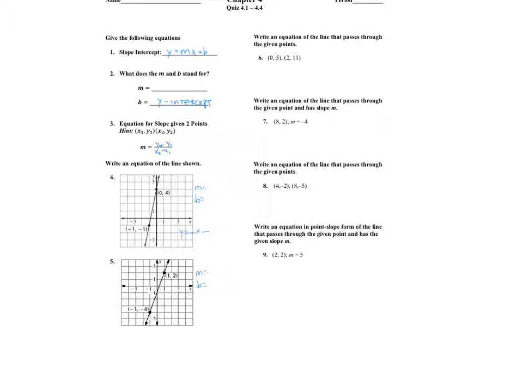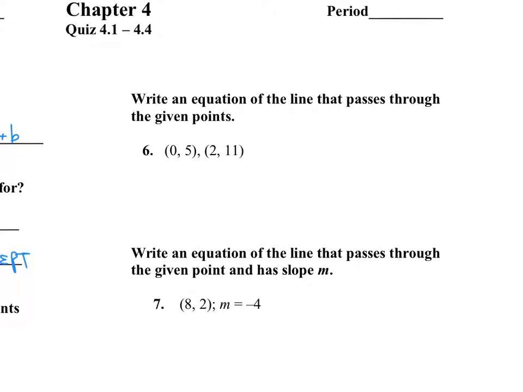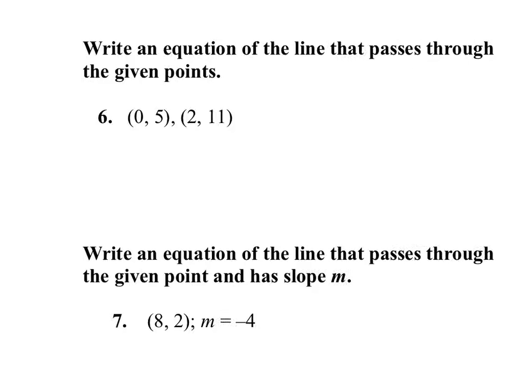Okay, moving on. Number 6, write the equation of a line when it passes through these 2 points. So first, we have to find the slope. All right, so here's x1, y1, x2, y2. Sorry, that's not very good, I'm writing with my finger. So we have to use the formula first, y2 minus y1 over x2 minus x1.